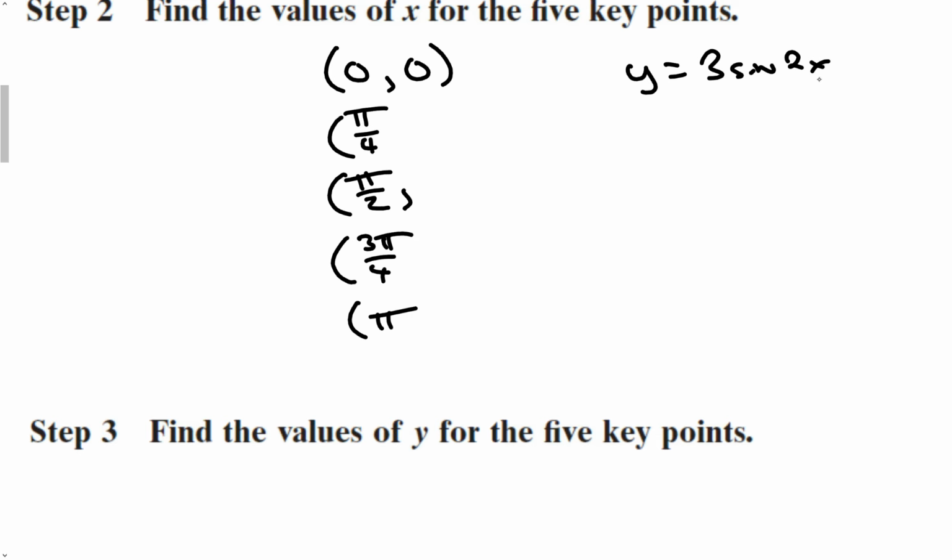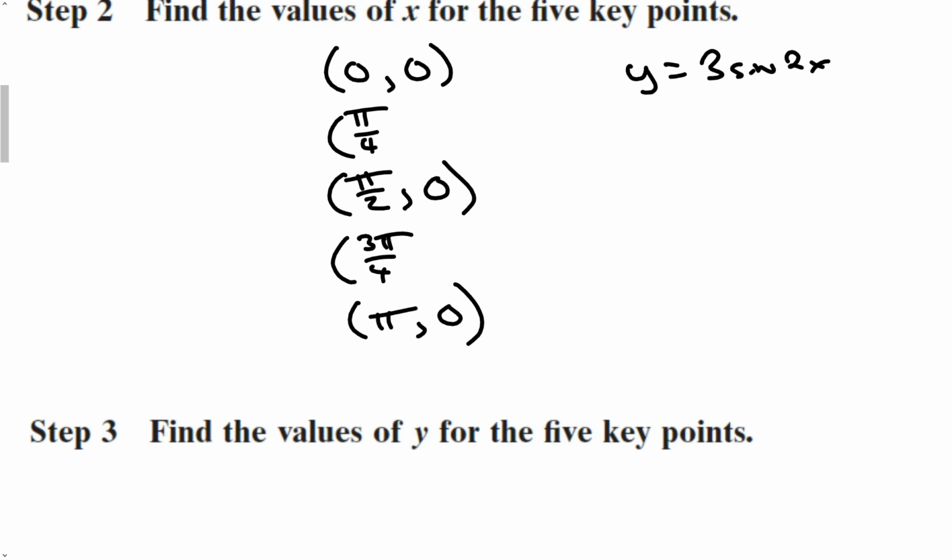The sine of pi over 2 would be 1, but we have to multiply the 2 first before we take the sine. So it's pi over 2 times 2, which is pi. Sine of pi is 0 again, so we still have this pattern of midpoint, midpoint, midpoint.